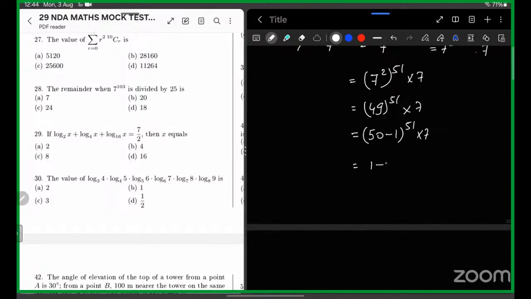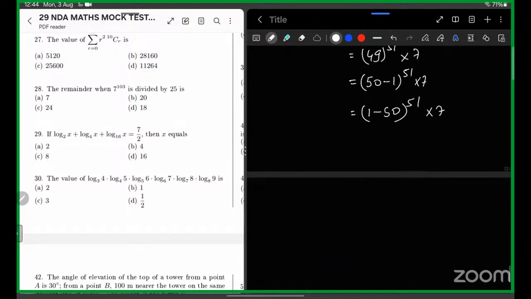You can also write it as 1 minus 50 raised to power 61. So with odd power, I can convert it now.